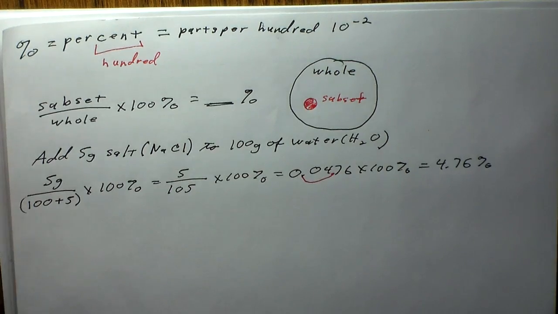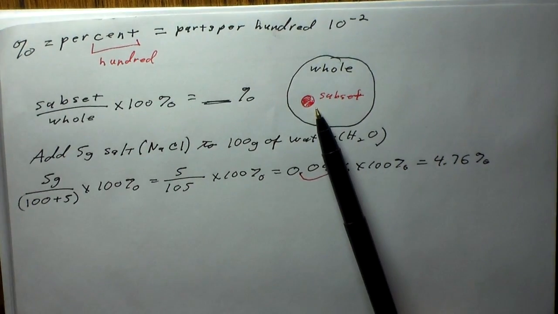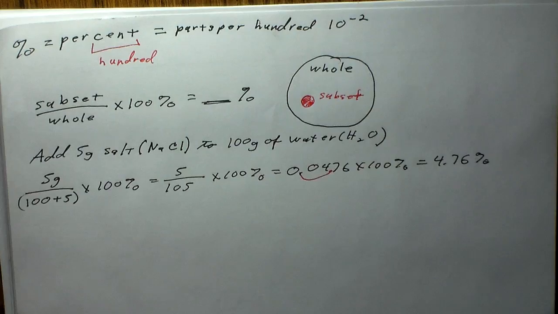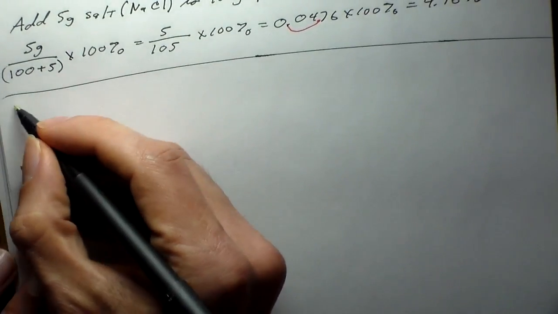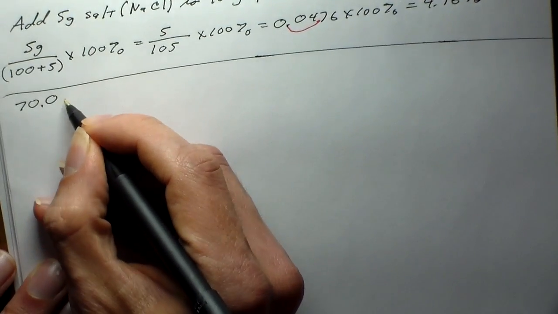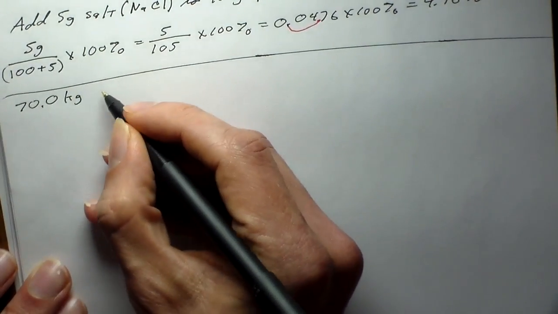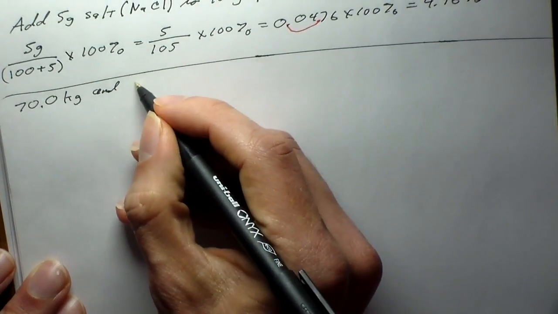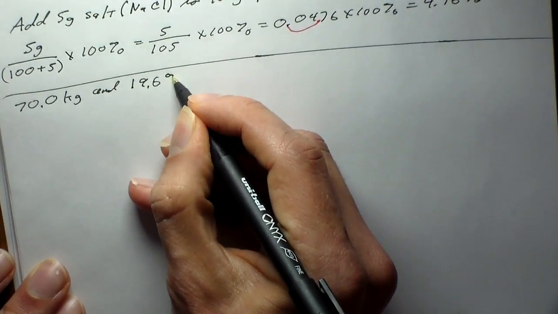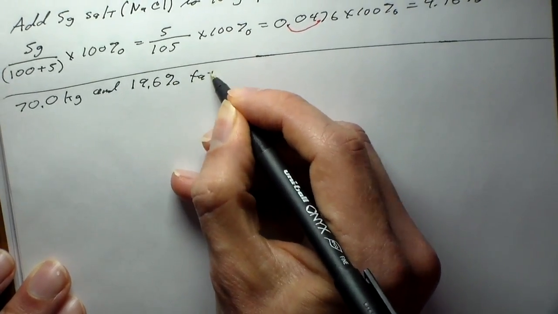All right, now how these percents are useful is, let's say you weigh 70.0 kilograms, and you get your body fat taken, and you find out that you are 19.6% body fat.